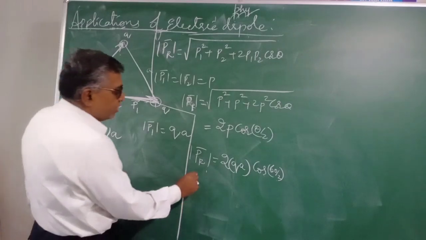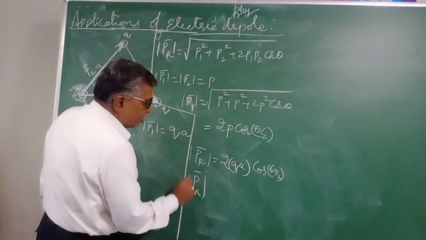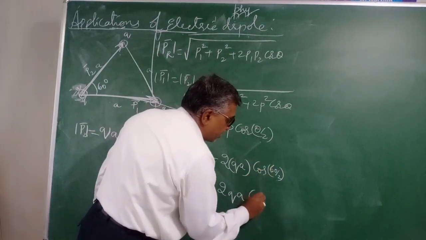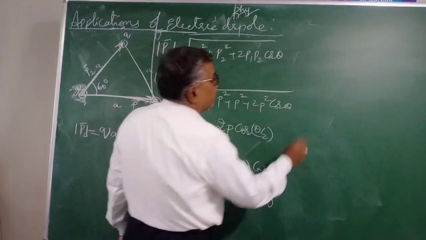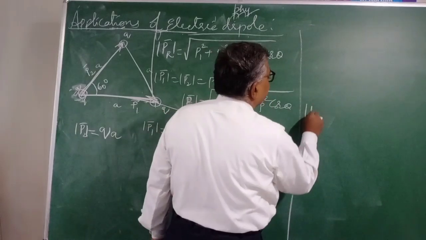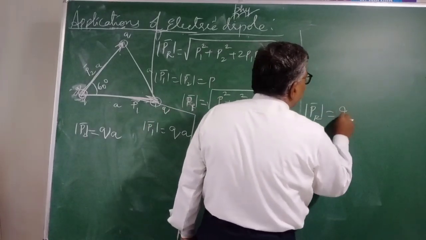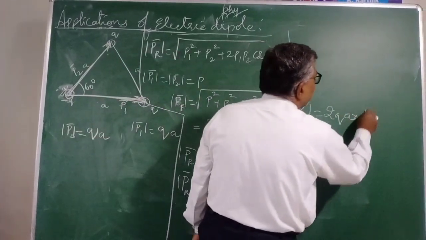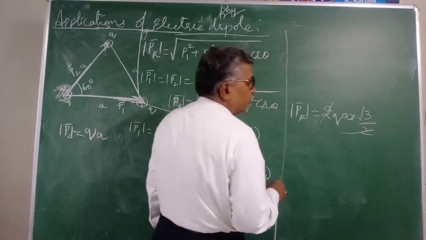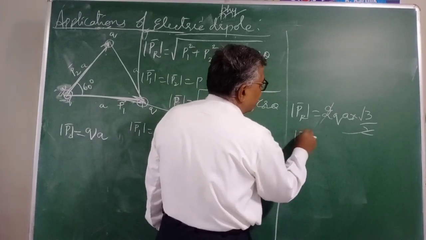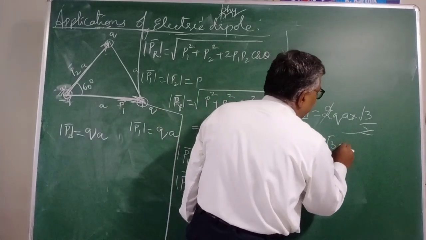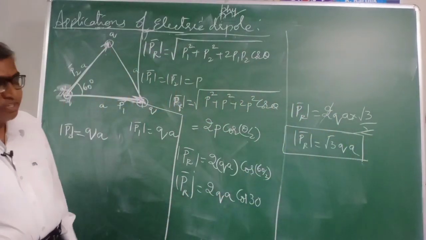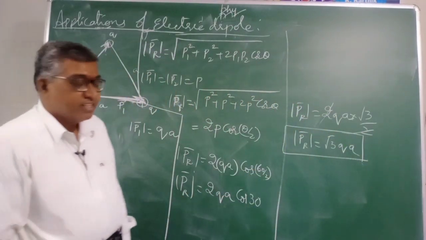So P resultant is equal to 2qa cos 30. Therefore the resultant dipole moment mod PR is equal to 2qa cos 30, which is root 3 by 2. So the magnitude of the resultant dipole moment is root 3 qa. This is the resultant dipole moment of this system of charges, right?